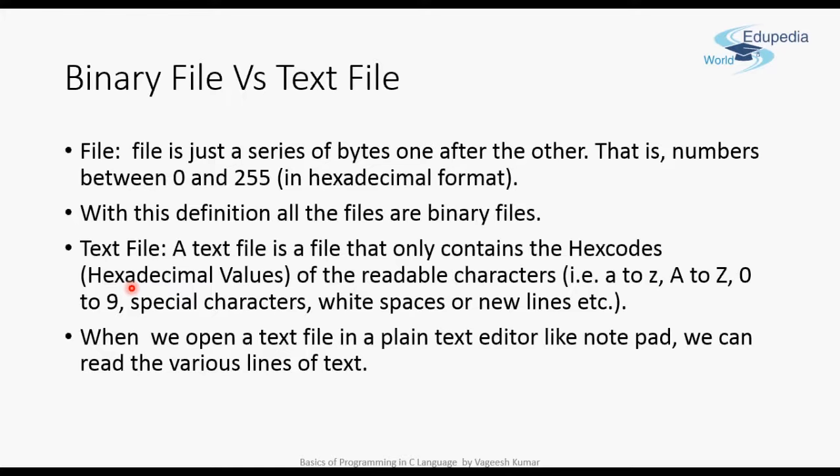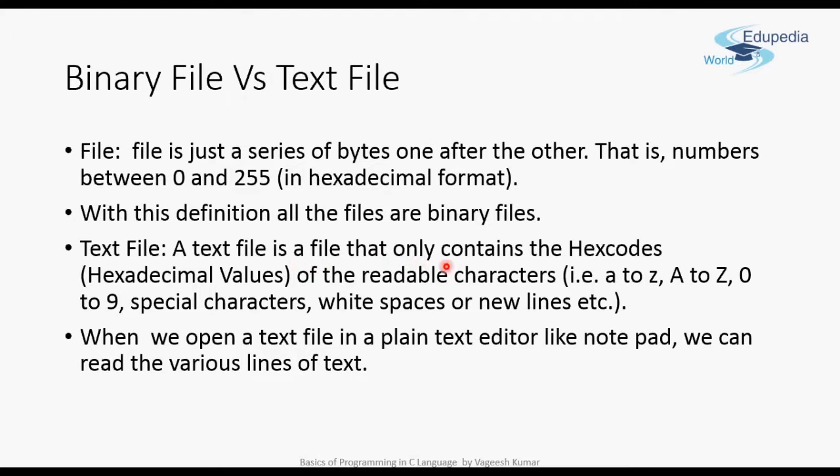First is 0 to 9, and then there are alphabets from A to F. Okay, so 0 to 9, after 9, instead of 10 there is A, then B, C, D, E, F. So 15 in decimal is F in hexadecimal, and then these numbers repeat. Okay, so you can read about Boolean algebra in detail if you want to understand this thing, but to understand this particular tutorial, you don't need to go into that much detail.